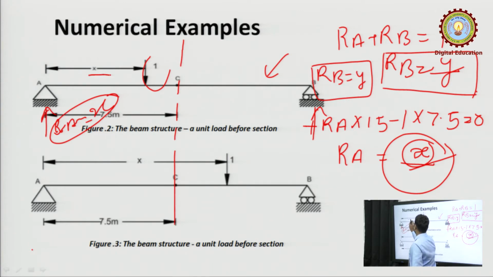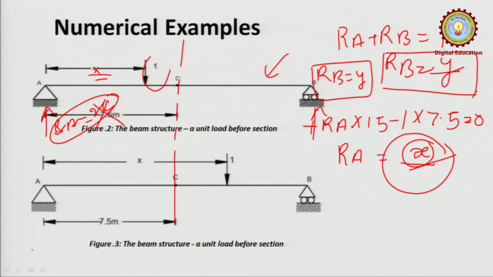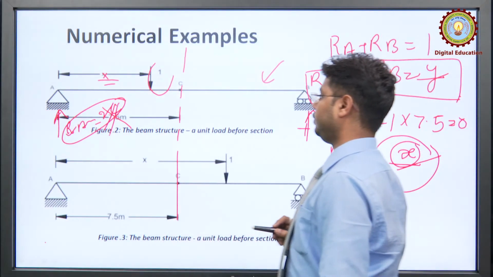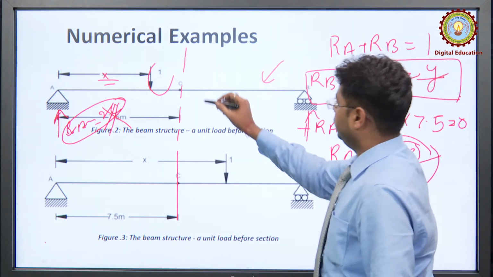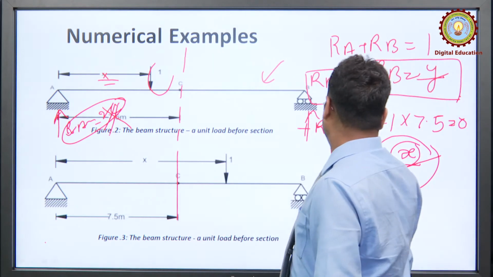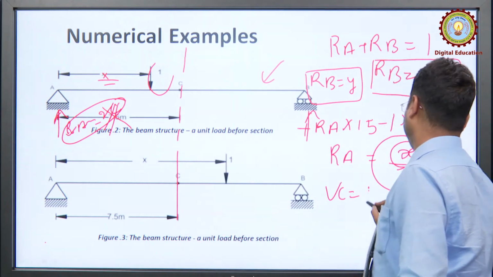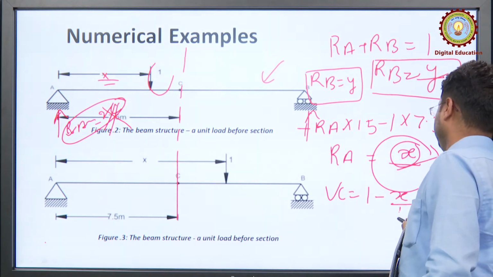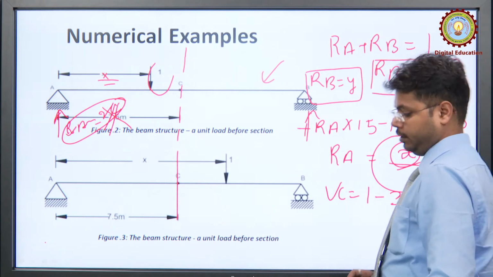This unit load is working at a distance x. Suppose this is the small x we have given, and this is the capital X. So we can find Vc equal to 1 minus x upon 15.